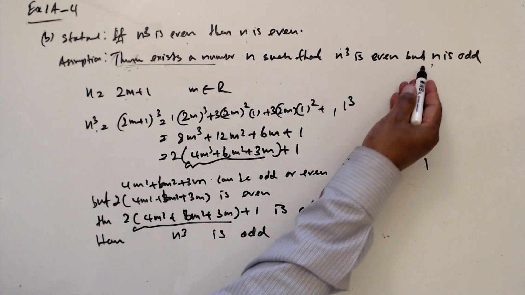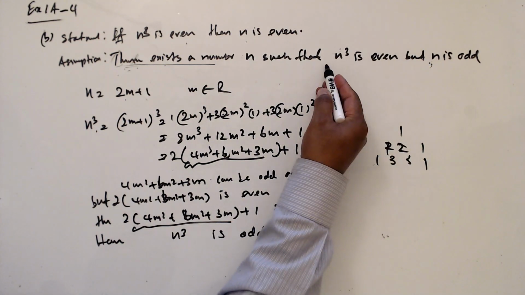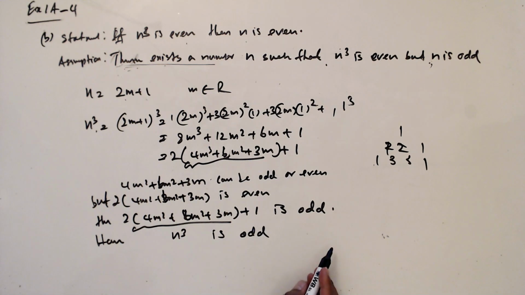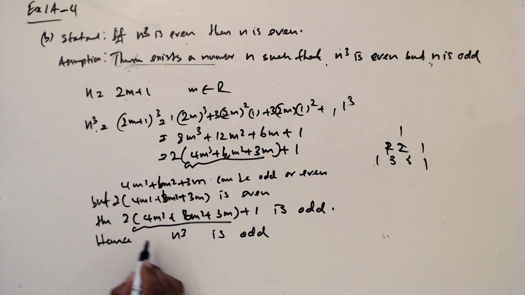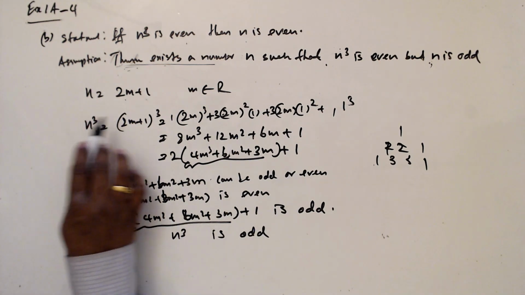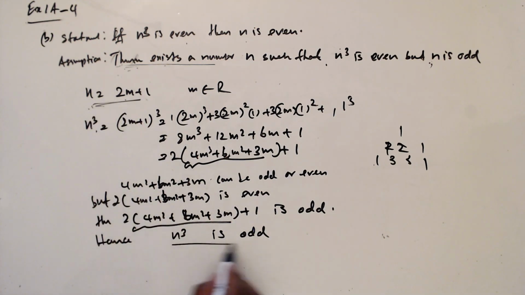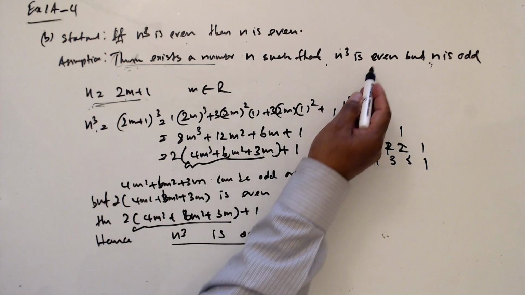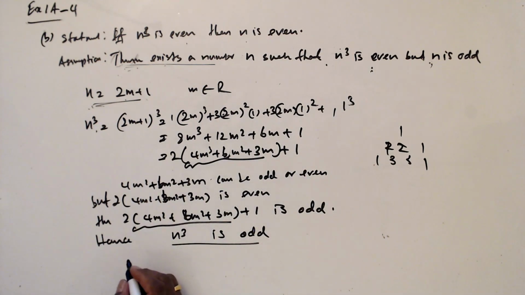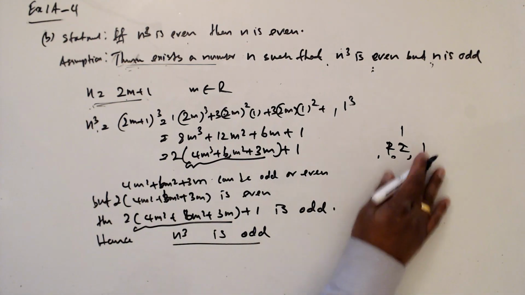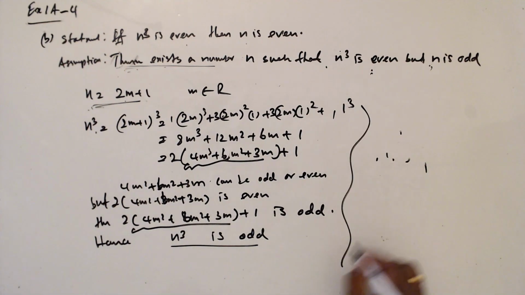The assumption says n is odd and n cube is even, but we found n cube is odd. So this is a contradiction.